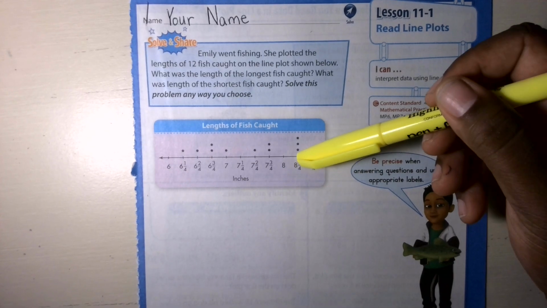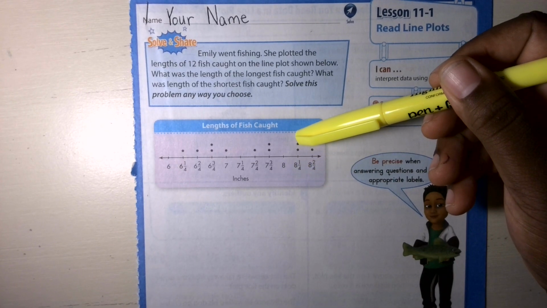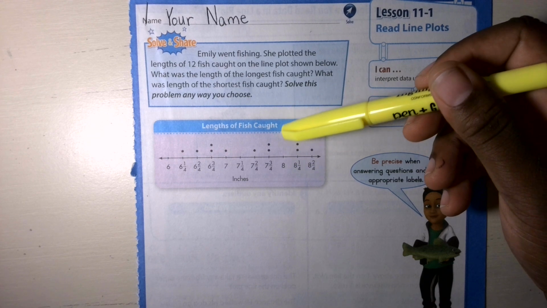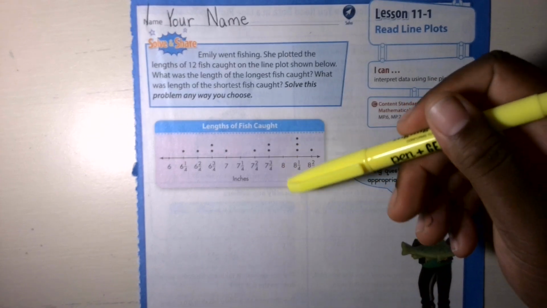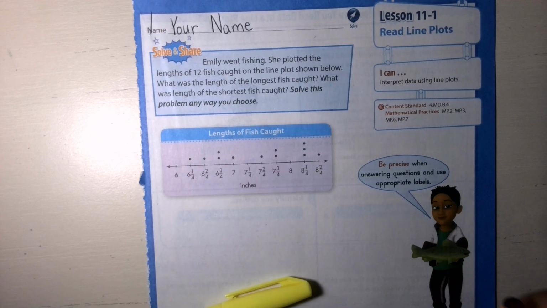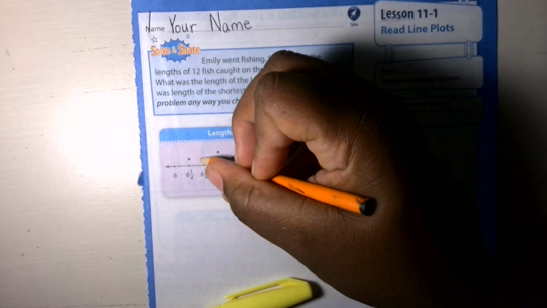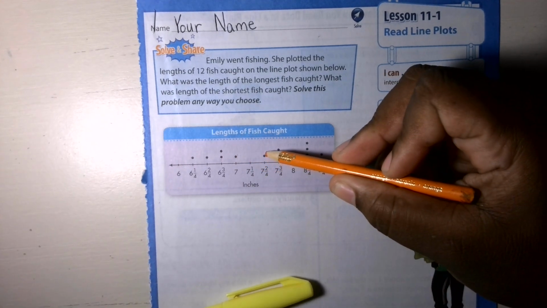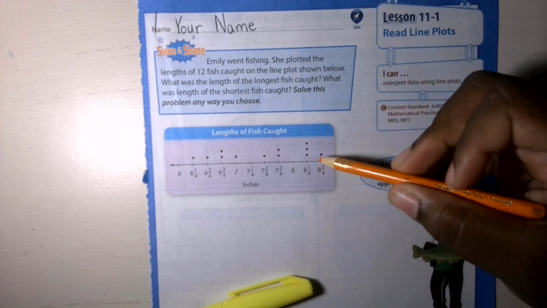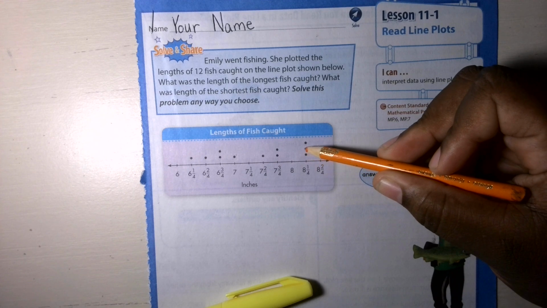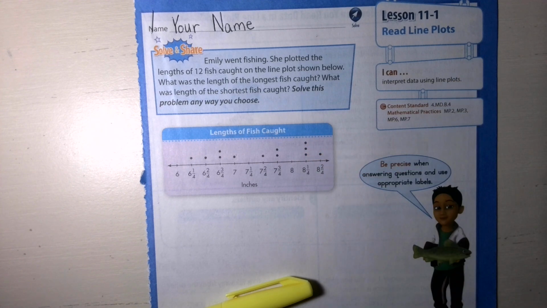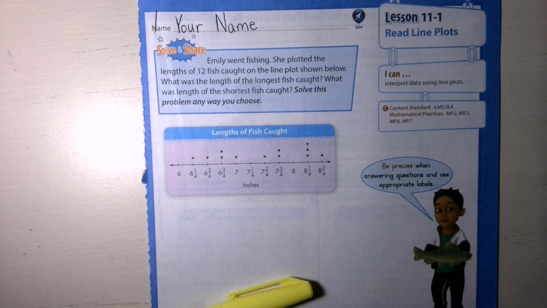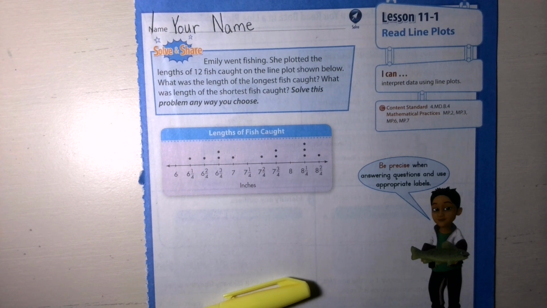There are 3 dots at 8 1/4 inch, and so that means there were 3 fish caught that were 8 1/4 inch. There are 1, 2, 3, 4, 5, 6, 7, 8, 9, 10, 11, 12 points on this line, and so that means that there were 12 fish caught.